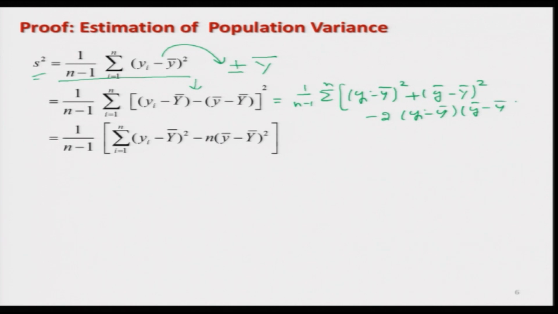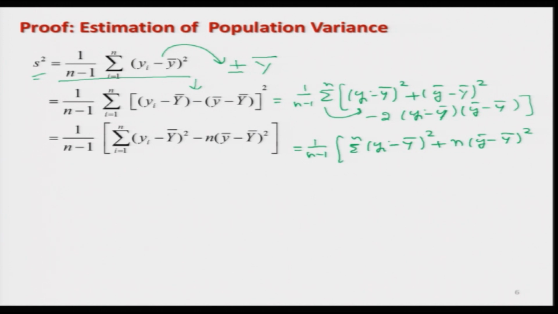If you take the summation sign inside, this becomes 1 over n minus 1 summation of (y i minus Y bar) whole square plus n times (y bar minus capital Y bar) whole square.